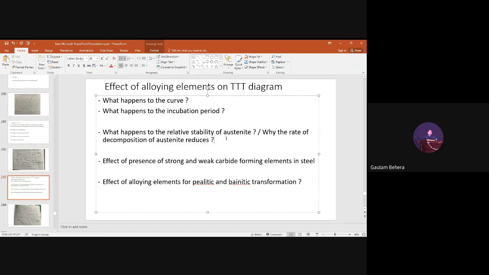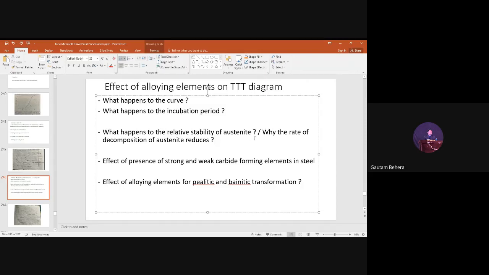Since these ferrite stabilizers form stable alloy carbides, they retard the diffusion of carbon atoms, because in pearlitic transformation we need carbon atoms to diffuse. So diffusion of carbon is retarded, it becomes very slow, so the transformation becomes very slow, and the rate of austenite decomposition is slow.